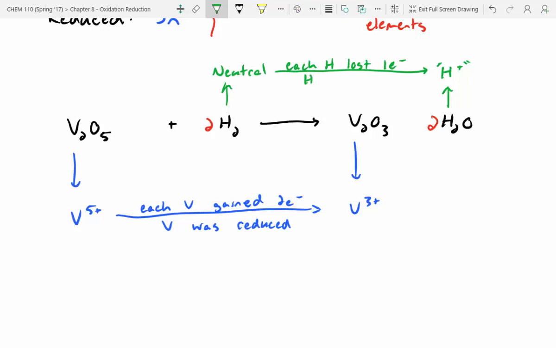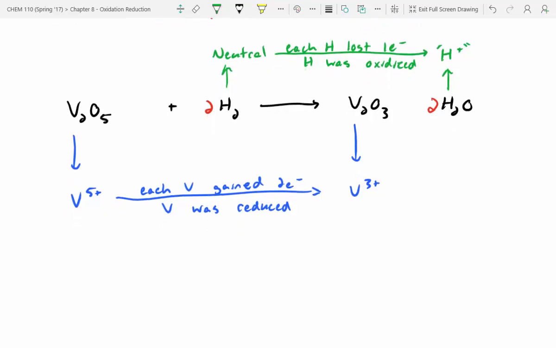That means hydrogen was oxidized. So again, if we count the number of electrons being transferred, we said vanadium gained 2. However, we had 2 vanadiums, so that's a net transfer of 4 electrons for all the vanadiums, right? And then if we look at hydrogen, we've got 4 hydrogens, each of which lost 1 electron, so that's a net transfer of 4. So we've got 4 electrons moving in both directions.